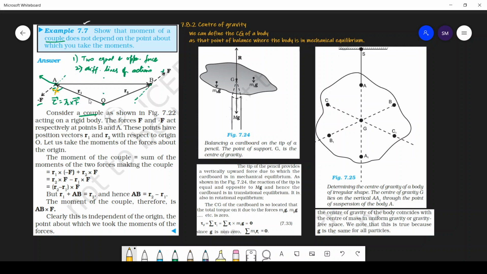We need to extend the direction of the position vector, and then when both the vectors are joined tail to tail, then we take the direction. Yes, so that's the direction now. That's the angle that we are supposed to take.